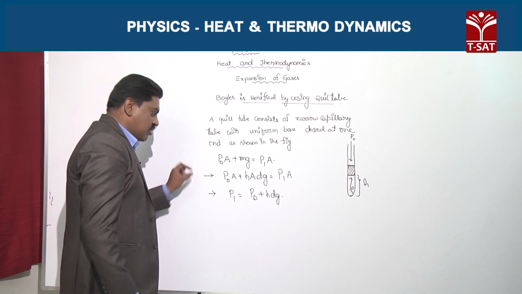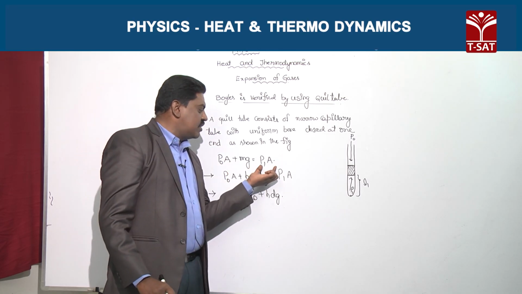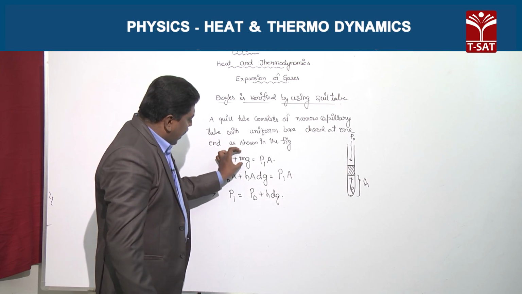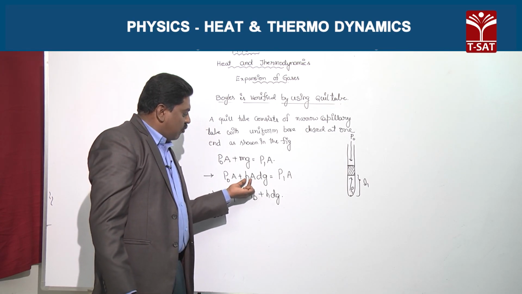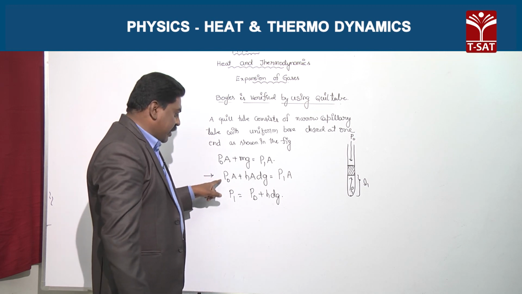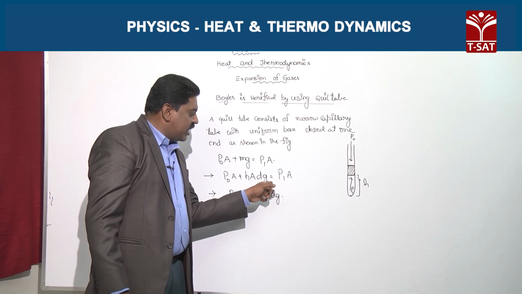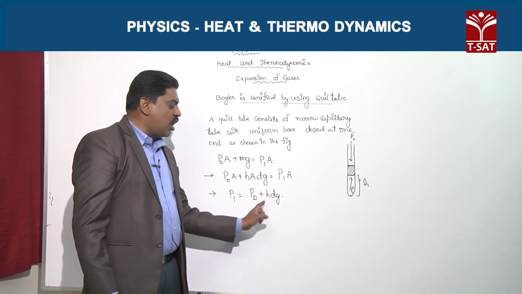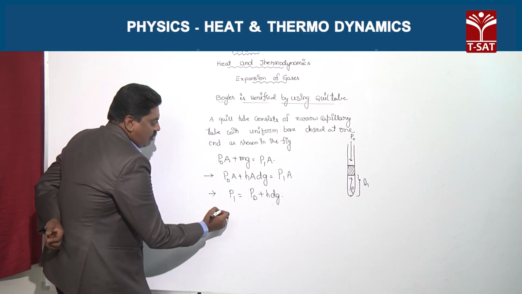According to that, we have P0A plus mg is equal to P1A, and mass is written as volume into density. Volume is given as height into area of cross section. So we get P0A plus hA into dg is equal to P1A, from which we can get P1 as P0 plus h d g.